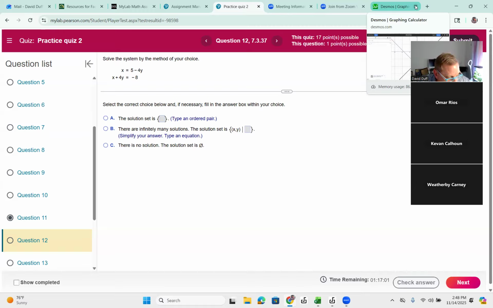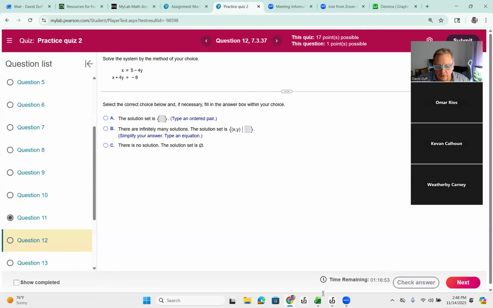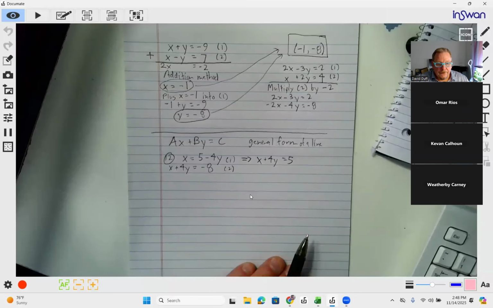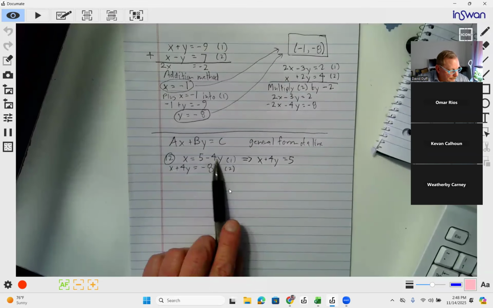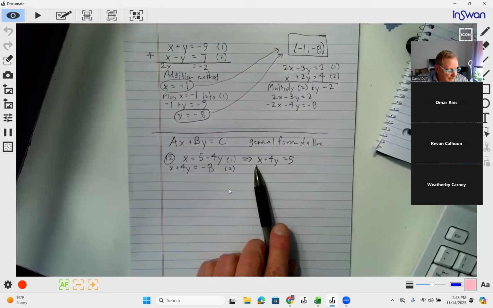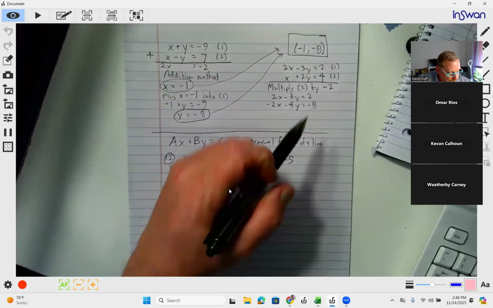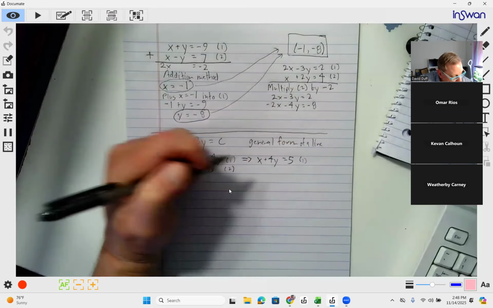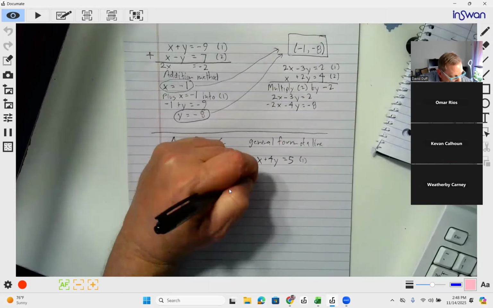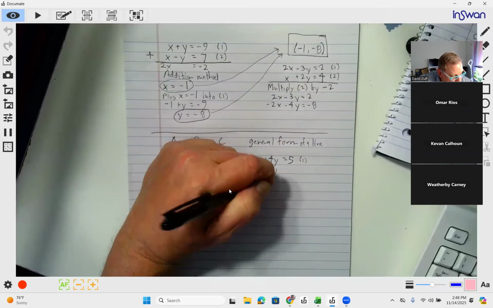Everyone understand how I got from here to here? Yep, you added 4y. I just added 4y to both sides so I could get this in general form. So now, oh, this is an interesting problem, right?